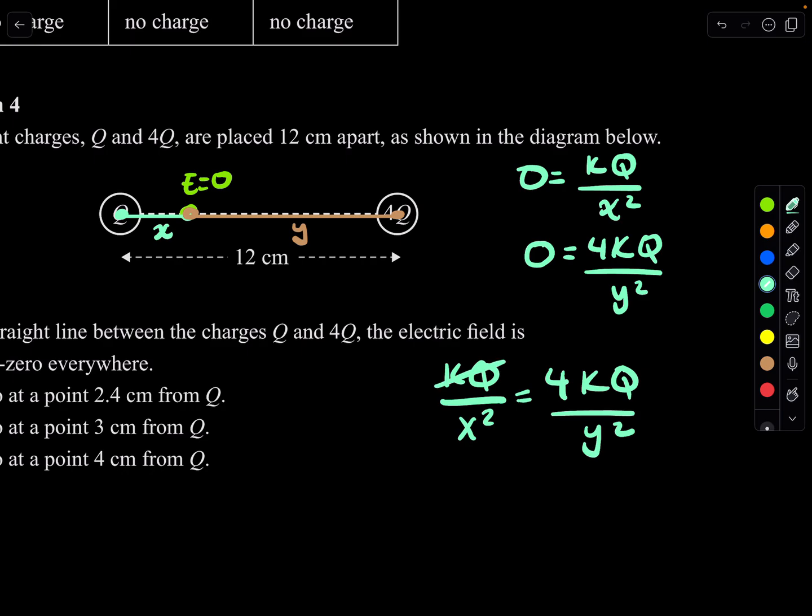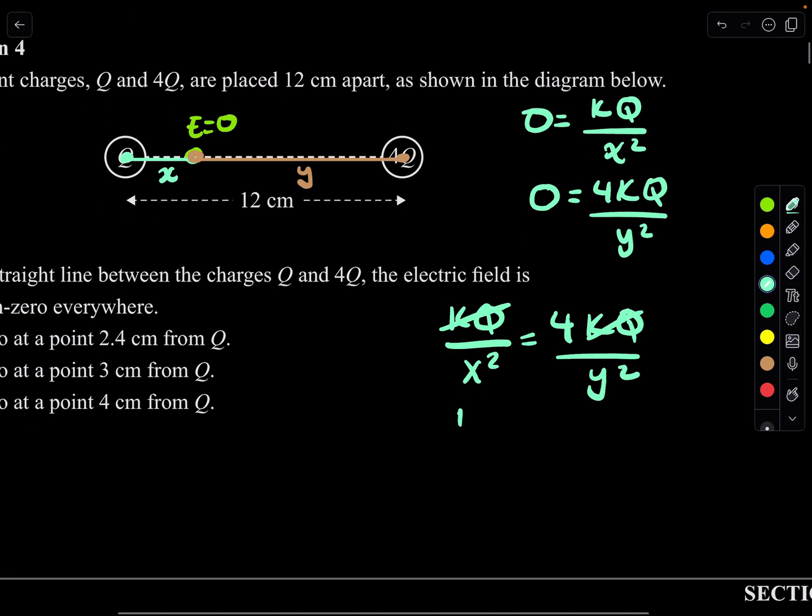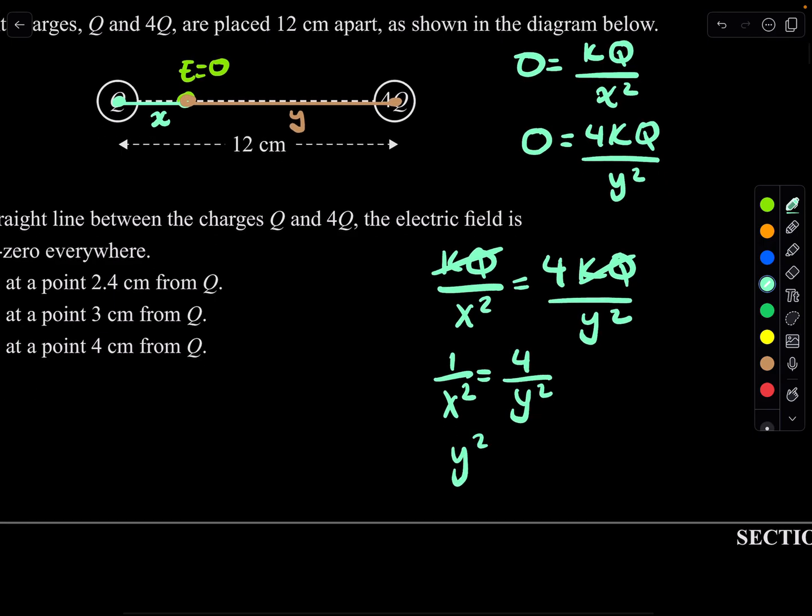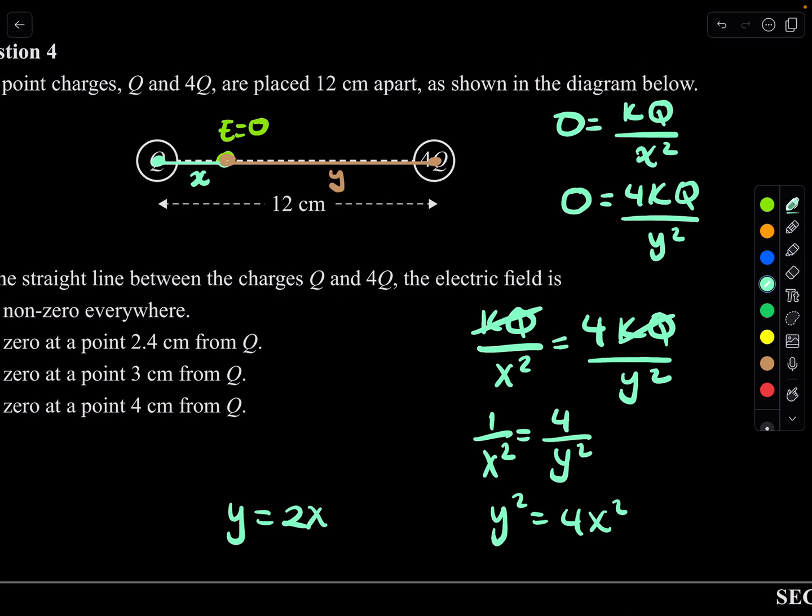We can cancel those KQs out, and we're left with 1 over X squared is equal to 4 over Y squared. If we cross multiply, Y squared equals 4X squared, and taking the square root of both sides, we get Y is equal to 2X. So we can replace this Y with 2X.